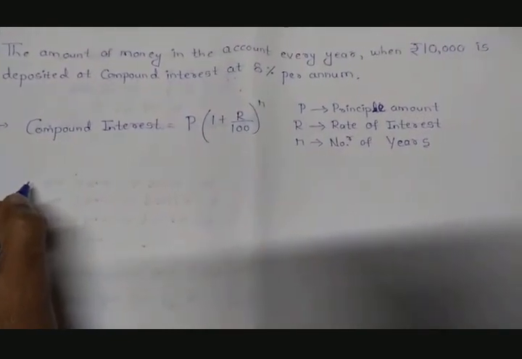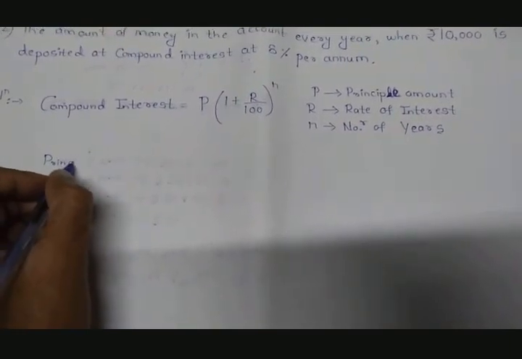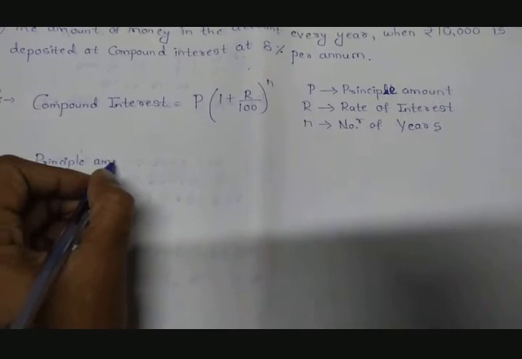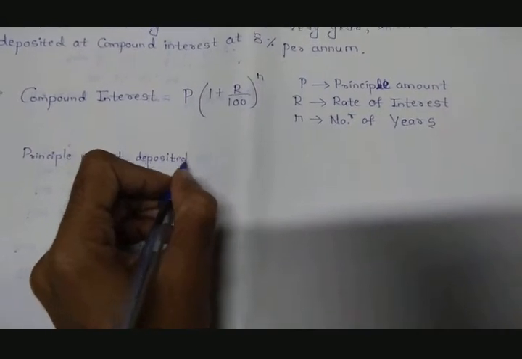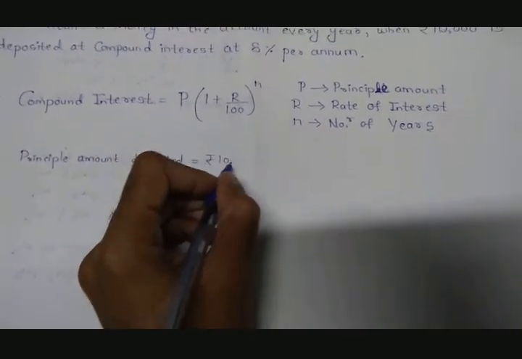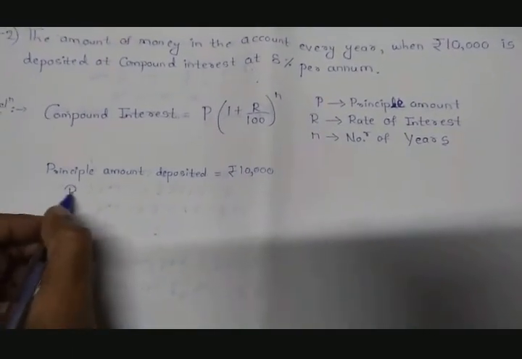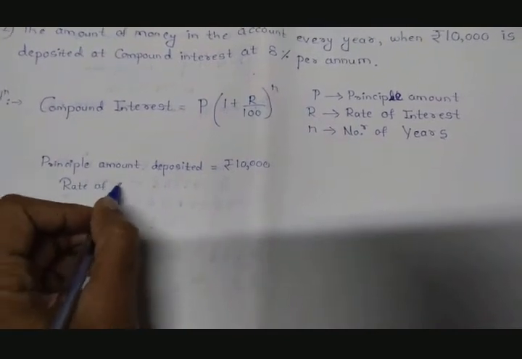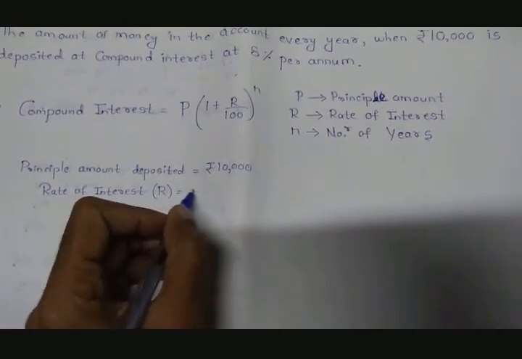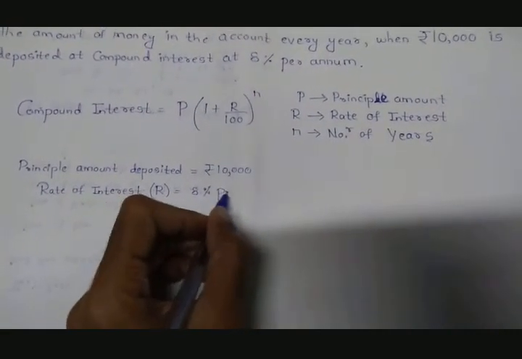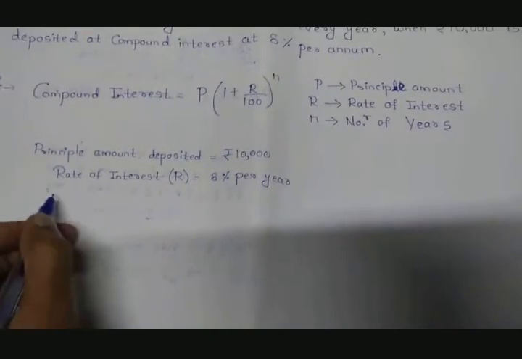The principal amount deposited is rupees 10,000, right? And they have given the rate of interest, R, which equals 8% per annum. Okay, per annum is nothing but per year.